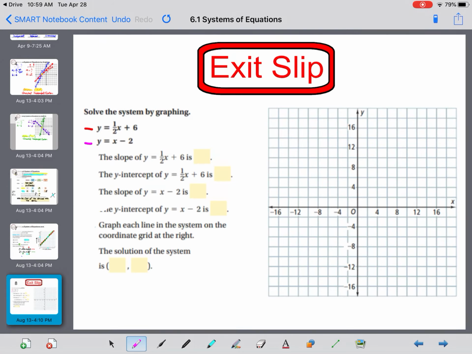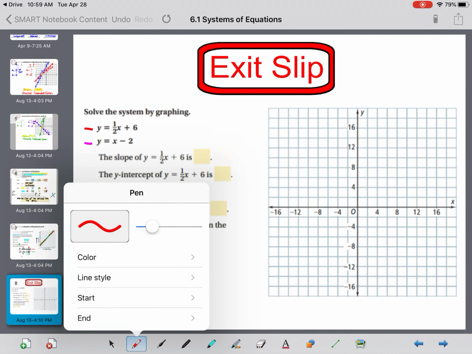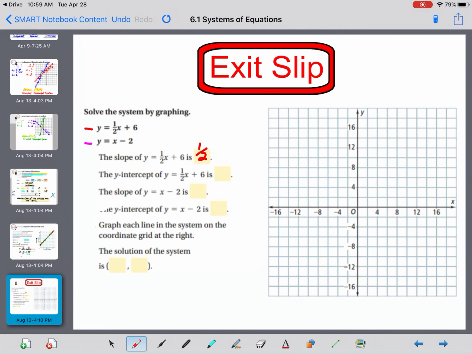All right, solve the system by graphing. The slope of y equals 1/2 x plus 6 is 1/2. That's our m value. The y-intercept is a positive 6. So let's start there. We're going to go up 6 and put a point. Now I'm supposed to go up 1 over 2. So again, we're dealing with half margins, which is a little tricky. Go up to 8 and go over to 4 and put a point.